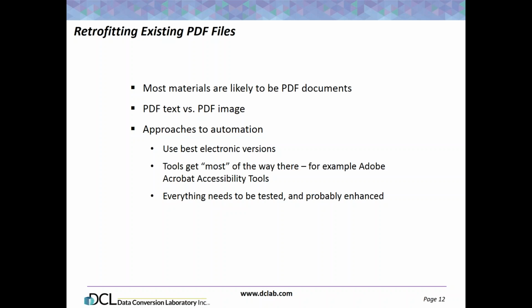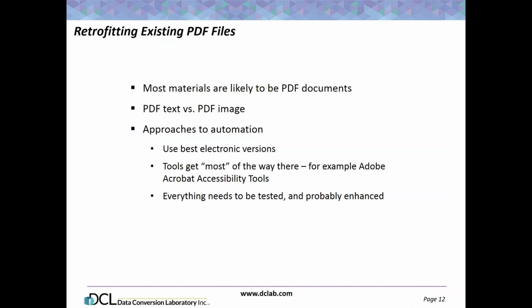You can't edit it, but the text is there, as opposed to PDF images, which are really pages that have been scanned. It's only an image, and the text doesn't really exist. So that's another step, which we're not going to cover today. We're really talking about PDF text documents, which already have the text behind them. PDF images are a subject for another webinar in the future.